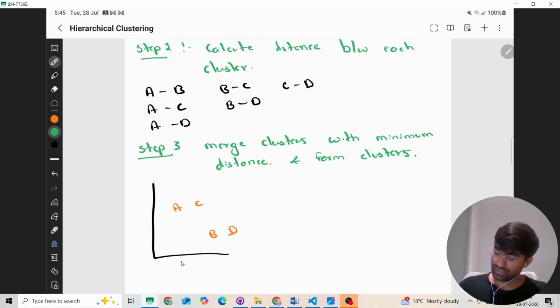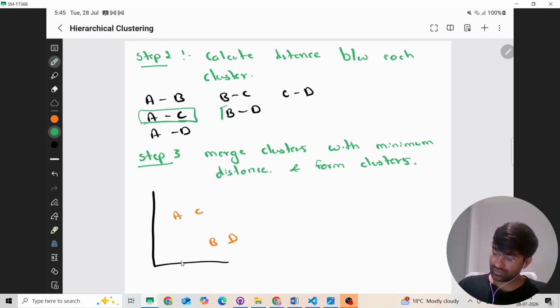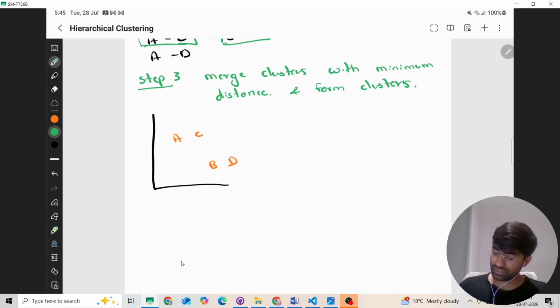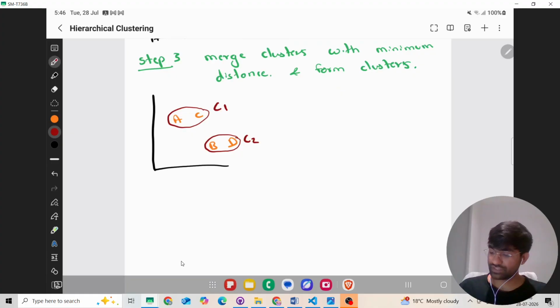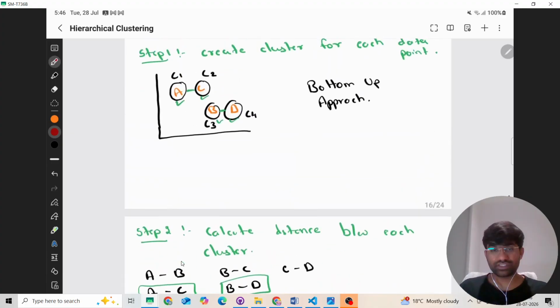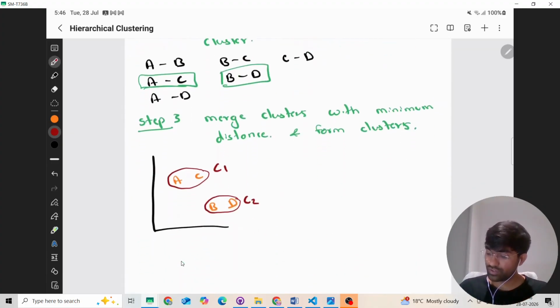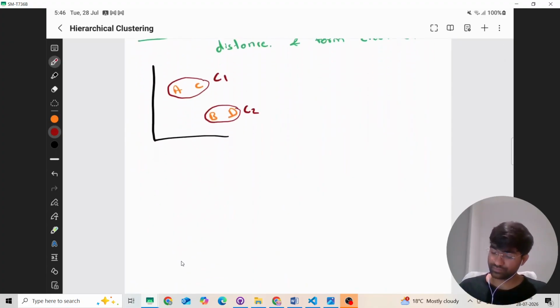Distance A to C is minimum and B to D is minimum, so it will merge these. Now there are two clusters, C1 and C2. First we had 4 clusters, now we have 2 clusters.